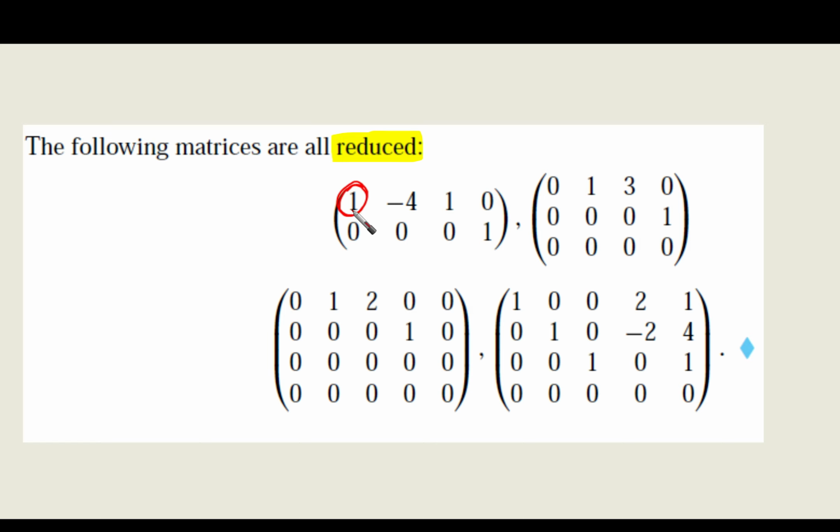Whenever I look at a leading entry, I should look to the left, look down and look up. This is leading entry 1, and then look at row number 2: all of them zeros, and then 1, that's okay, and above and below it there is 0, so it is okay.